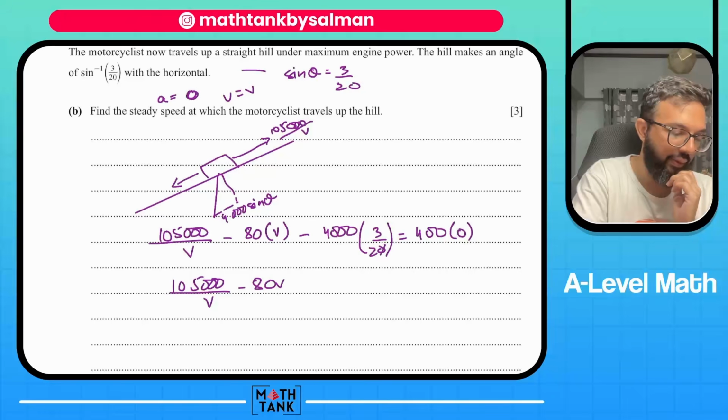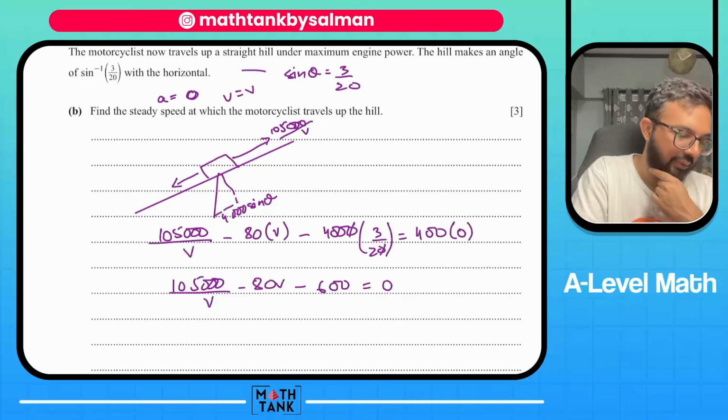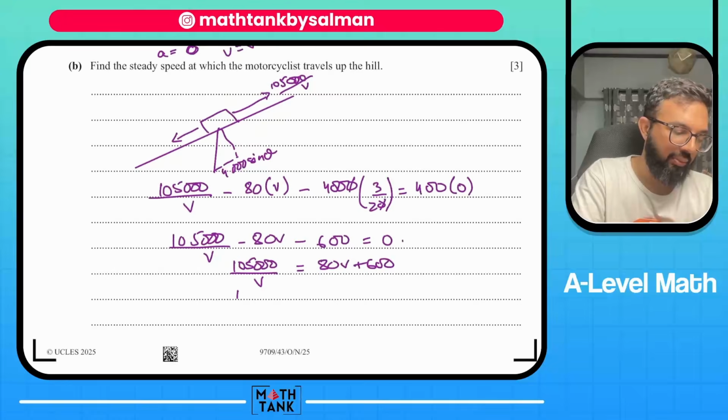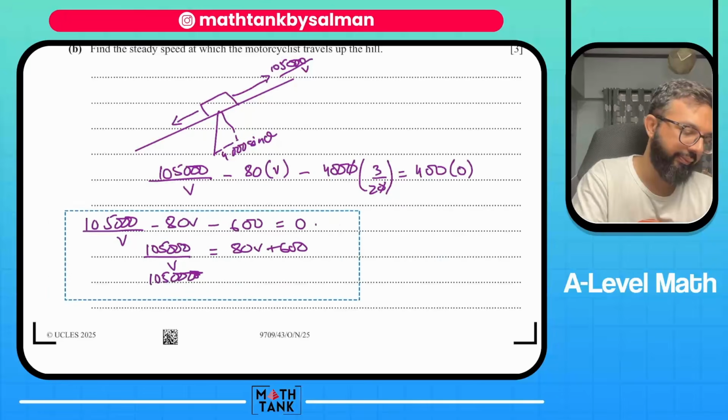Let's just simplify all of this. So minus 600 equals to 0. I can move this to the other side, both of them, and I can cross multiply and end up with a quadratic equation. I don't have space, I'll have to create some space.